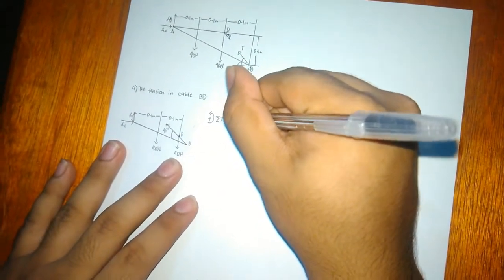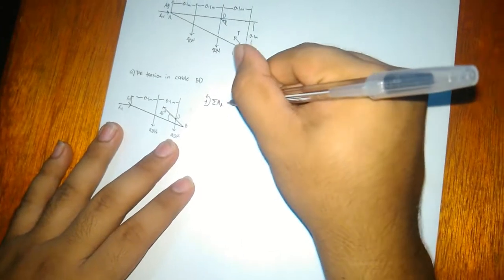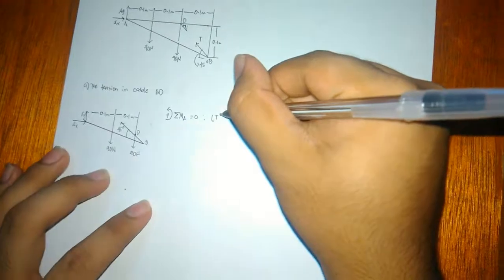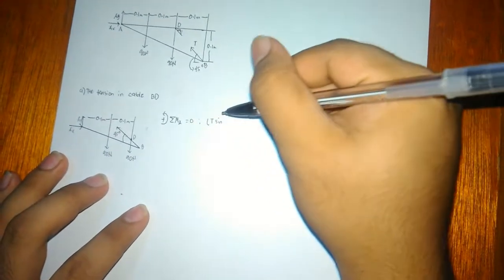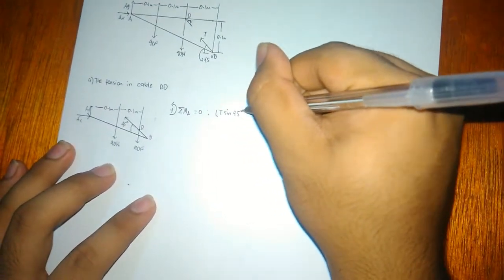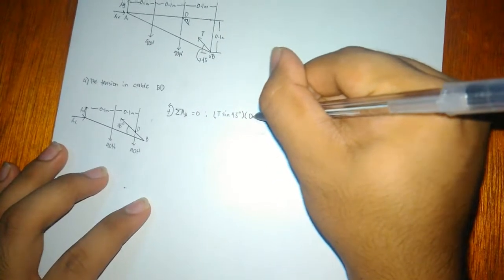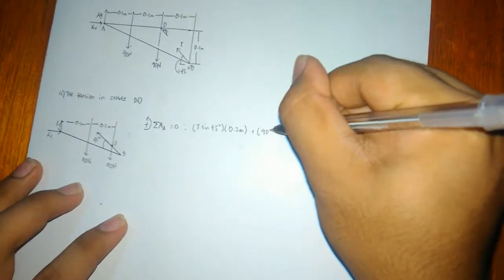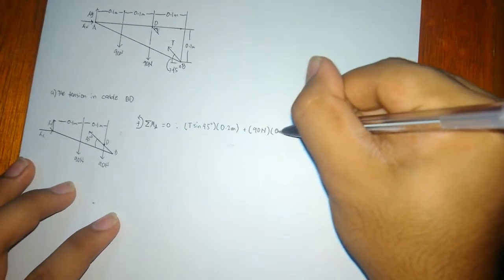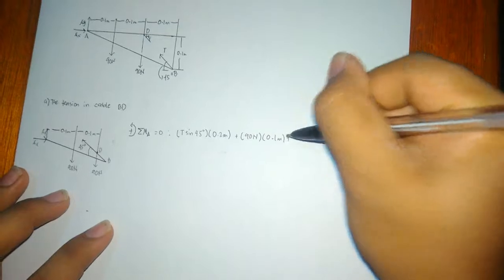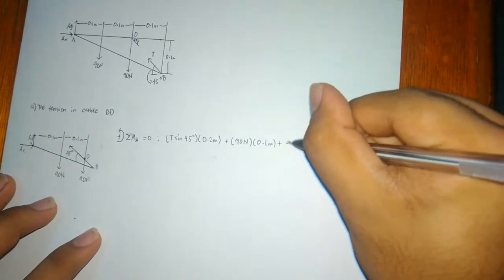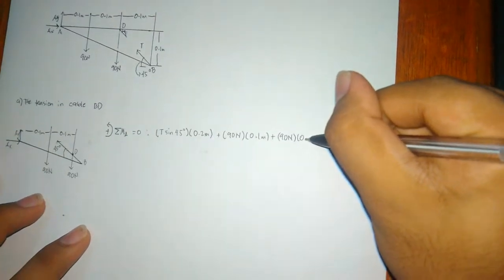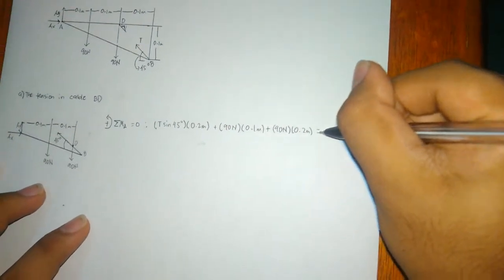So summation of moment of A is equal to 0: T sine 45 degrees times 0.2 meters plus 90 Newton times 0.1 meter plus 90 Newton times 0.2 meter is equal to 0.